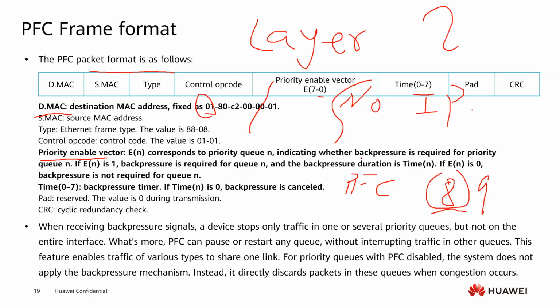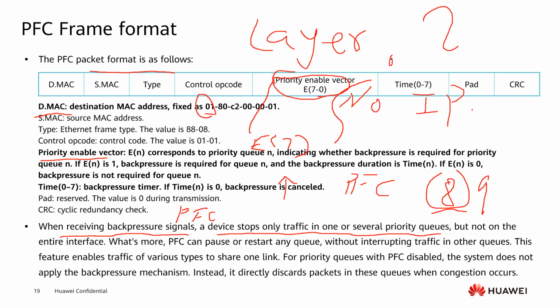0 to 7. And when receiving the back pressure signal, it means here receiving the PFC frame, a device stops only the traffic in one or several priority queues. See here, for example, if this value is E and 7, it means it just stops the priority of 7.